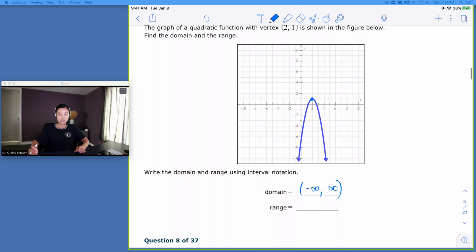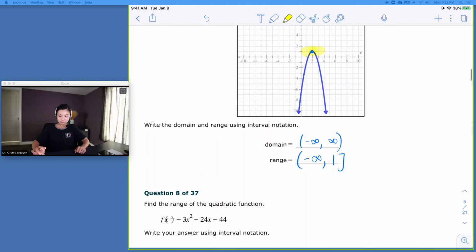Now the range, from the bottom, you see the arrow. So we start at negative infinity, but we stop at 1, and it's included because it's right here. Okay, so hopefully you can recognize the domain and range right away.